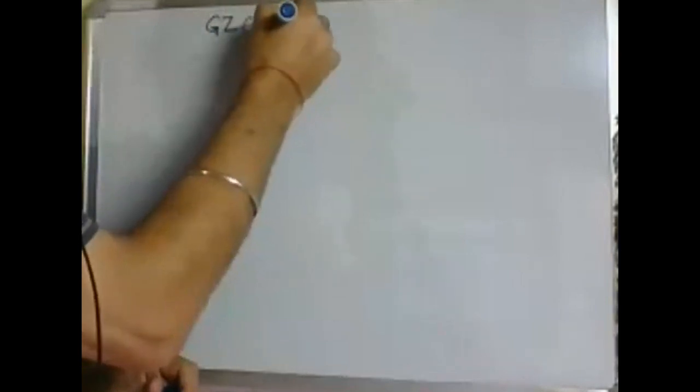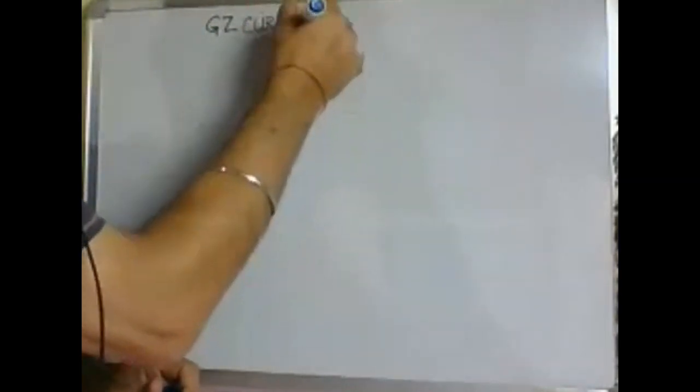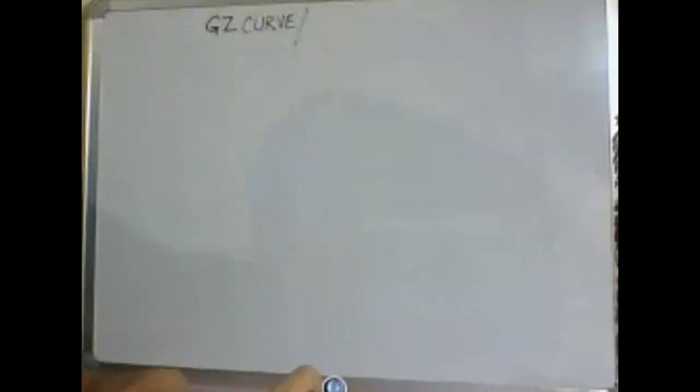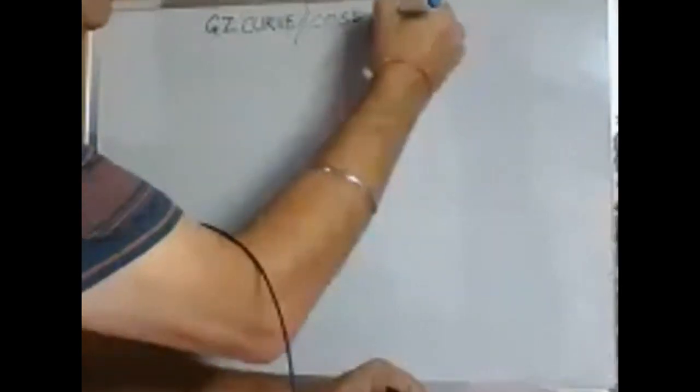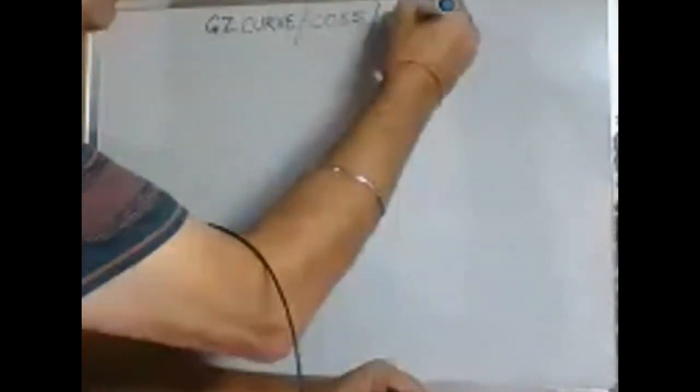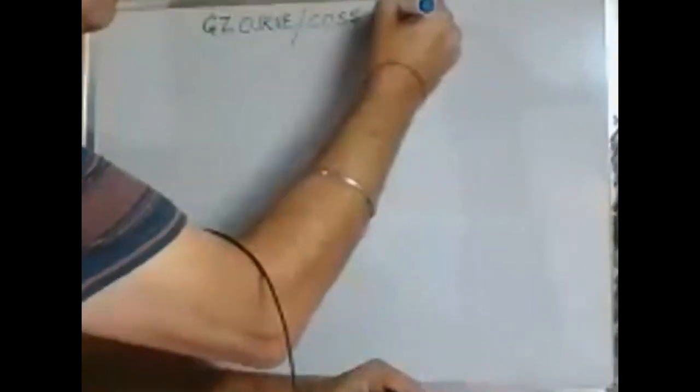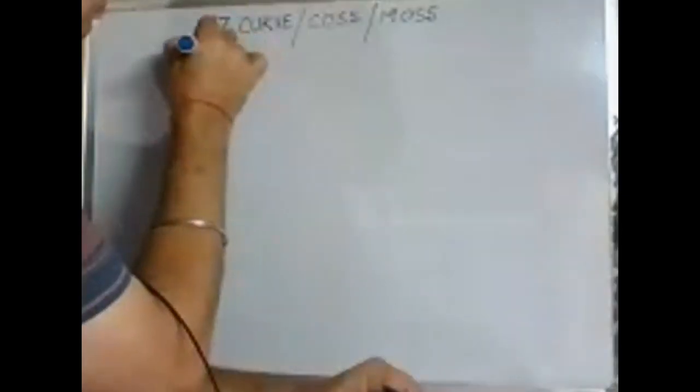So I'm starting off on some theory of stability. GZ curve. It's also called curve of statical stability. It's also called moment of statical stability, or CoSS and MoSS.